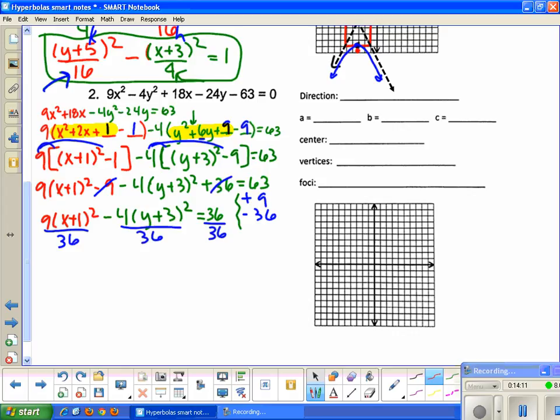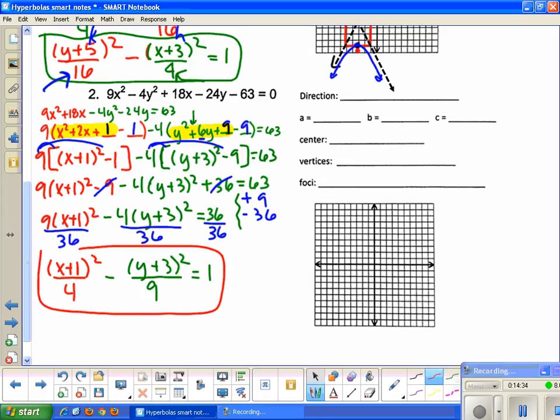So after I divide it by 36, I can go ahead and simplify it and write it in my standard form. So I have x plus 1 squared over 4, and then this one becomes minus y plus 3 squared over 9 equals 1. So now I have my equation, and I can start to graph this.